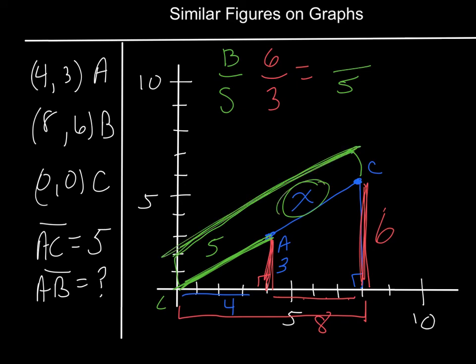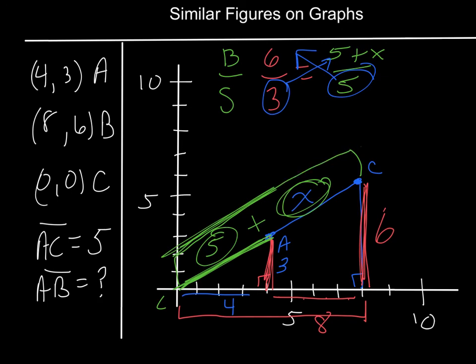Well, it's not x, and it's not 5, it's 5 plus x. So on top here I have 5 plus x. And that's my proportion that I'm going to set up. So now I can cross multiply like that and like that. And here we have to make sure that we do our cross multiplying correctly.